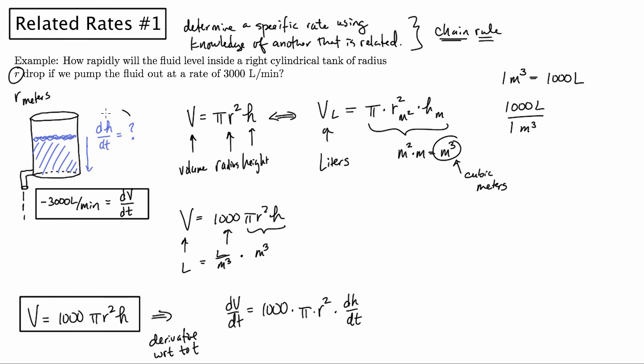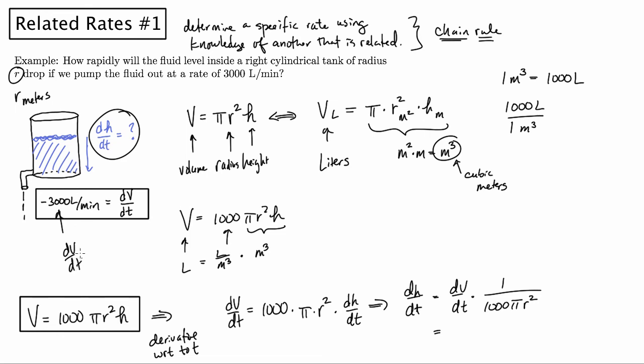And I want to solve for dH/dt, so dH/dt is equal to dV/dt divided by 1,000 pi r squared, and dV/dt is negative 3,000. So we get negative 3,000 here times this. And as we cancel values and simplify here, this gives negative 3 over pi r squared.